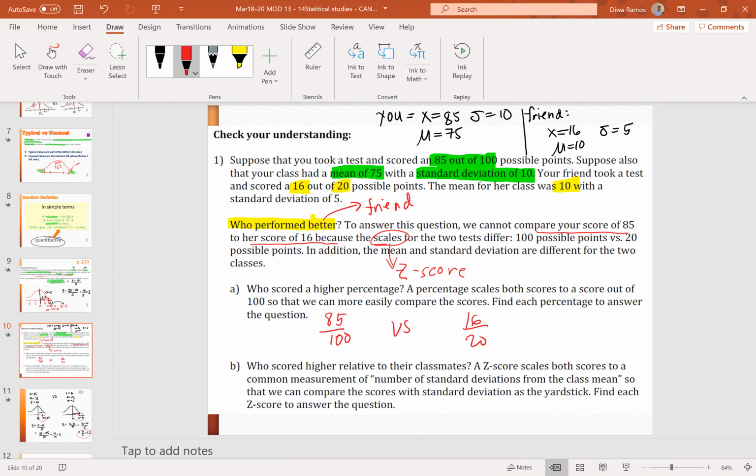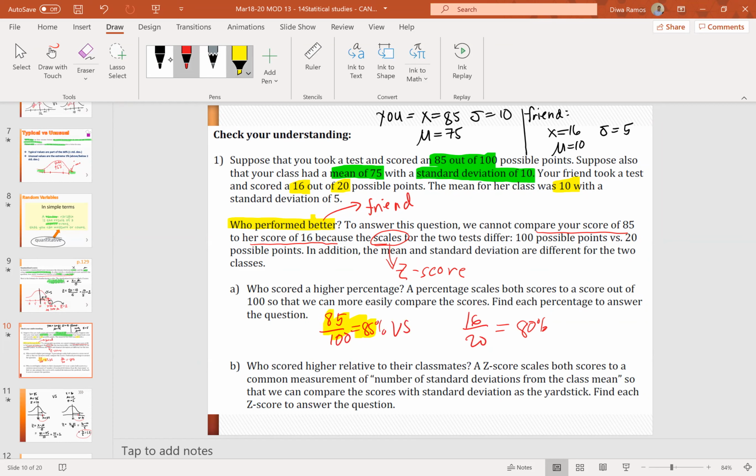So of course this is 85%, and 16 out of 20, 16 divided by 20, is 80%. So score-wise, with respect to all possible points, this would seem like a higher score.